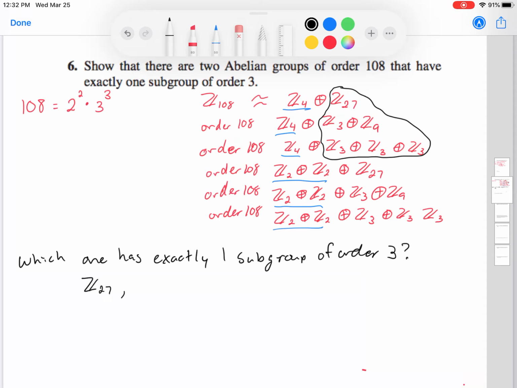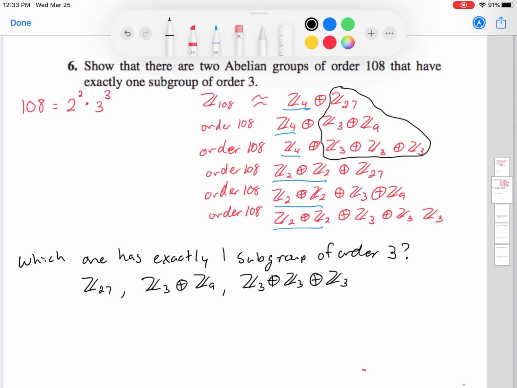So we have Z27, Z3 external direct product Z9, or Z3 external direct product Z3 external direct product Z3. Okay. Now, we can go through and argue a few different ways.